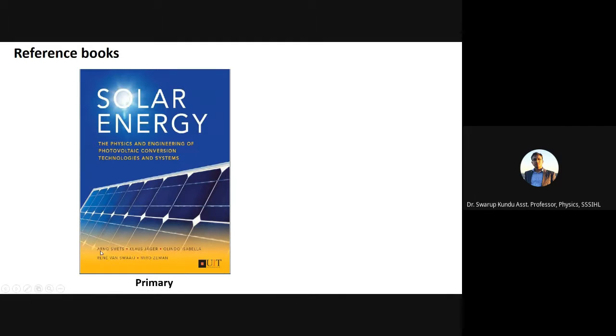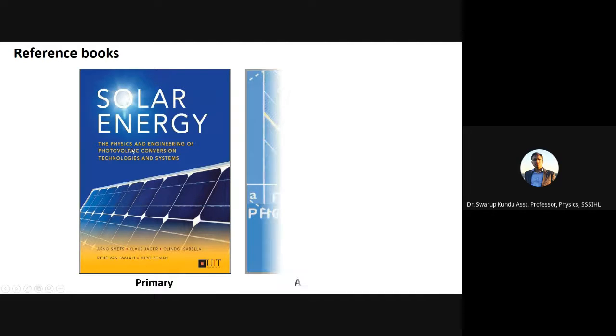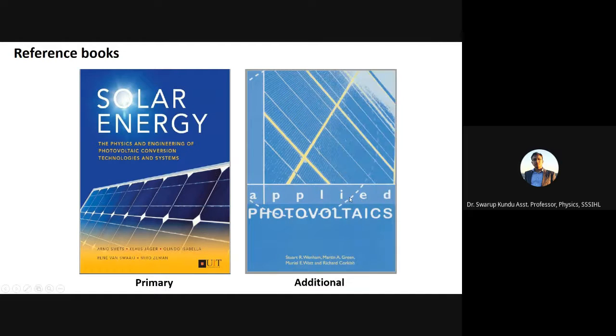The main author is Orno Smith. So we'll follow this book. This will be our main book, and sometimes we'll deviate from this book for certain concepts. We'll use another book, Applied Photovoltaics, and we'll use one or two more books later. I'll mention in the lecture when we use them. But this is the primary book, and most of the content will be from this book.